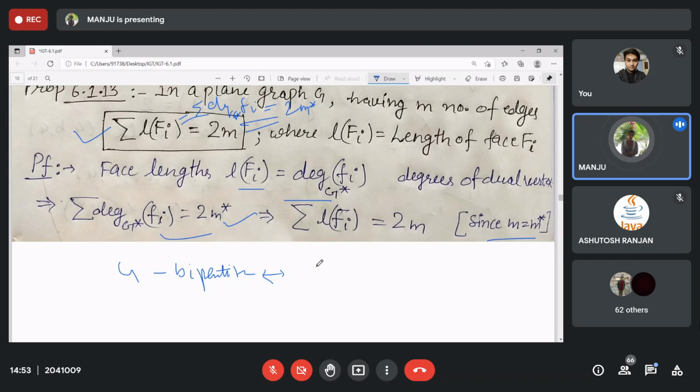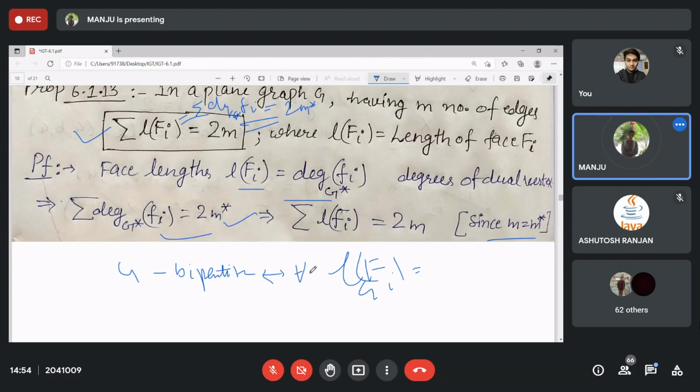So the length of a face is also not odd, right? Either no cycle is present or even cycles are present. No cycle means every edge is counted twice, right? And an even cycle means even length, right? Then the length of each face in G will be even.